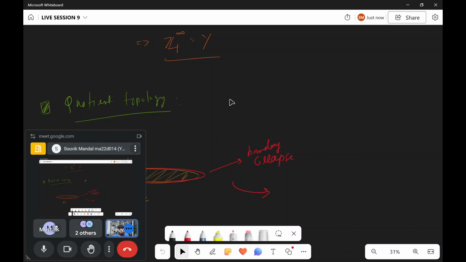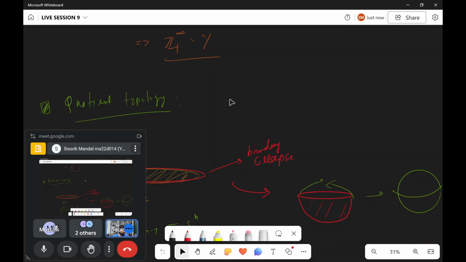We first get something like that, correct? And then further this boundary is getting collapsed, so finally we'll get a sphere, correct? So if we consider a disk and collapse the boundary, we'll get the n-sphere.